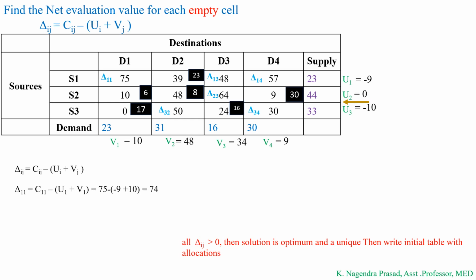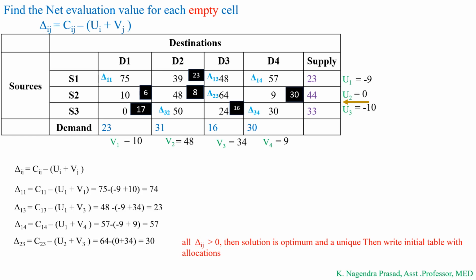Here delta 11 value is 74. Similarly delta 13 equal to C13 minus of U1 plus V3. Substituting all the values, delta 13 will become 23. Next, delta 14 we will get 57. Next, delta 23 is 30, delta 32 equal to 12, and delta 34 is 34. So observe that all the delta ij values are positive, greater than 0. Then the solution is optimum and unique.